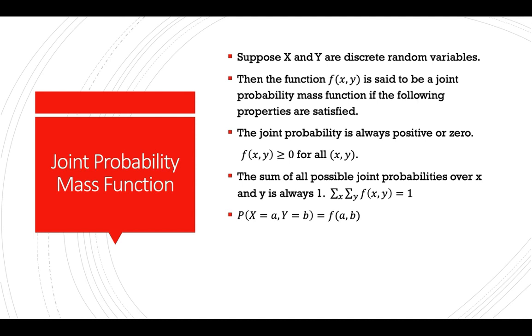And then the probability that x assumes the value a, y assumes the value b, is obtained by replacing x by a, y by the value of b. And if we consider all possible ordered pairs in region A, then we just take all possible ordered pairs or f of xy within the region in the xy plane.